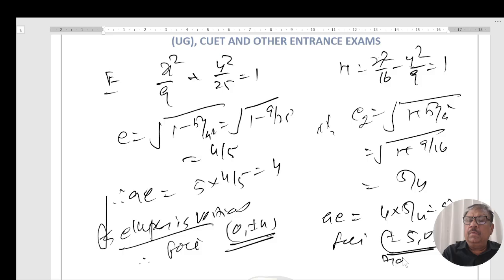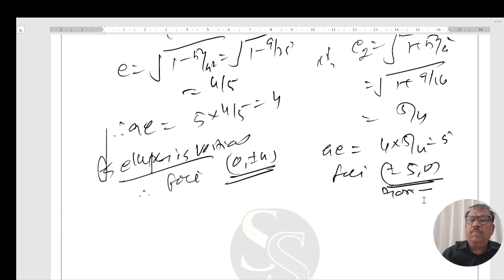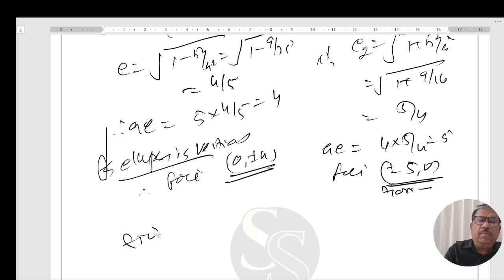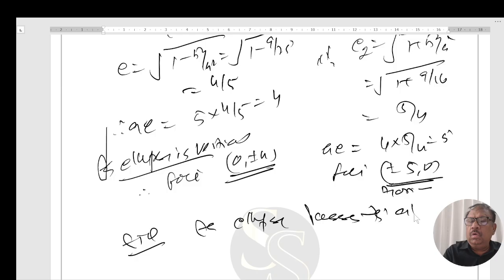This is horizontal. Now, according to the question, the ellipse passes through all the foci, that is 0, plus minus 4, and plus minus 5, 0.